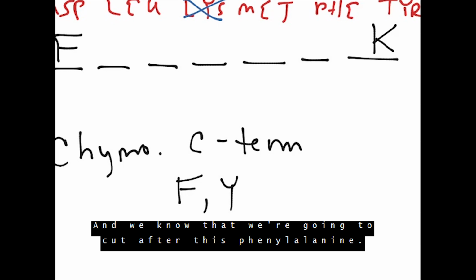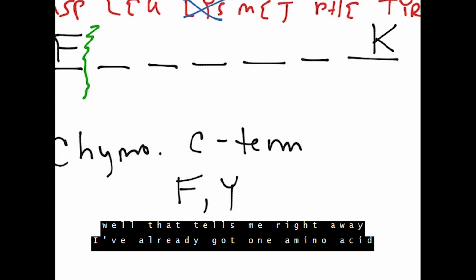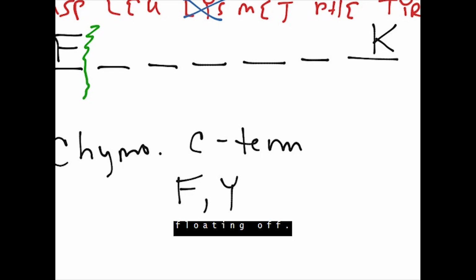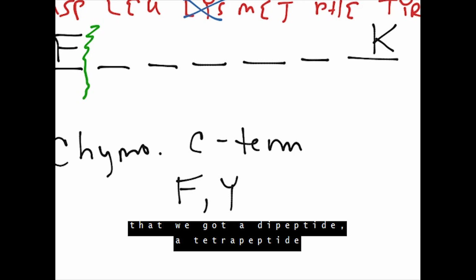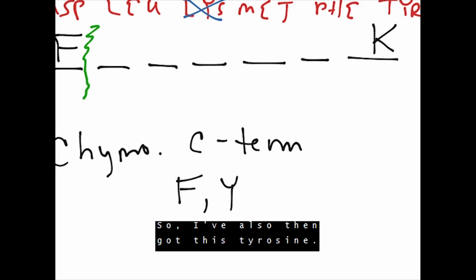And we know that we're going to cut after this phenylalanine. So if I come here and I put a cut there, well, that tells me right away I've already got one amino acid floating off. So it just didn't show up in the data that we got a dipeptide, a tetrapeptide, and a single amino acid, but that's okay. So I have also then got this tyrosine.